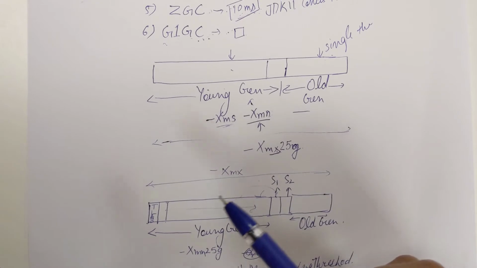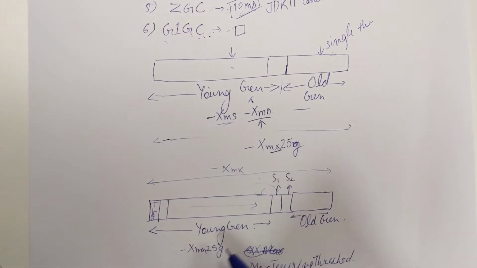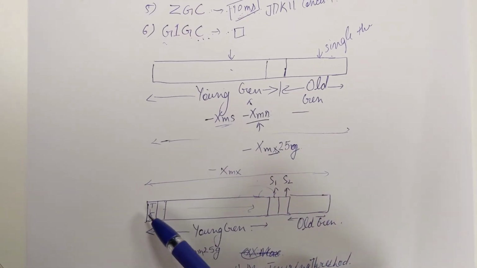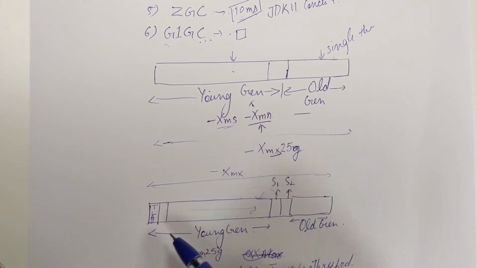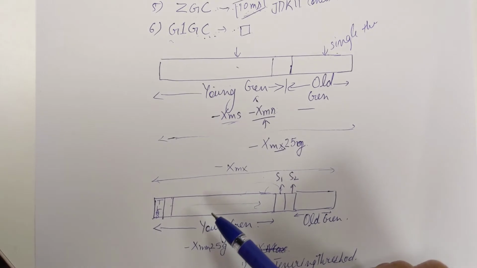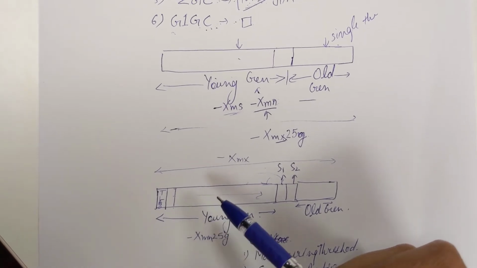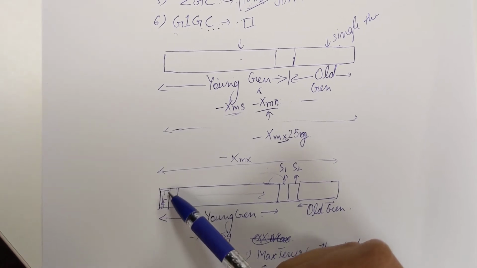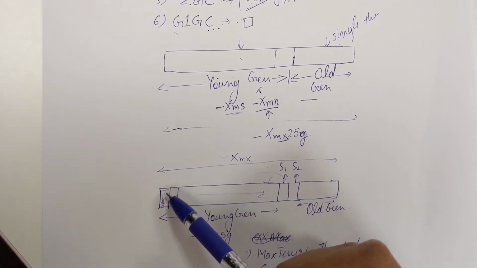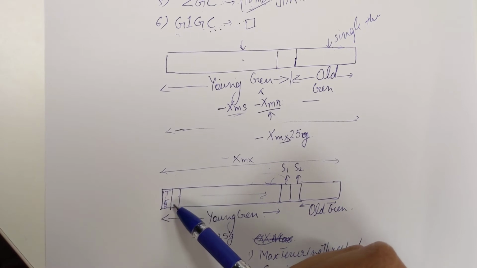The first time Java runs, it allocates all its objects to the young generation. If your application is multi-threaded, it allocates via the TLAB, the thread local allocation buffer.